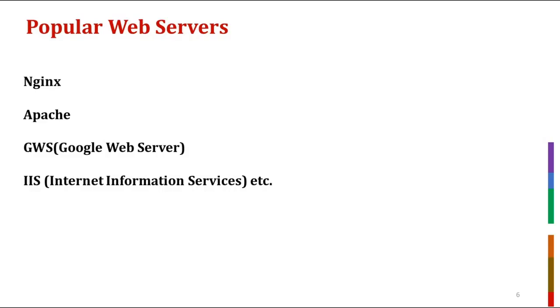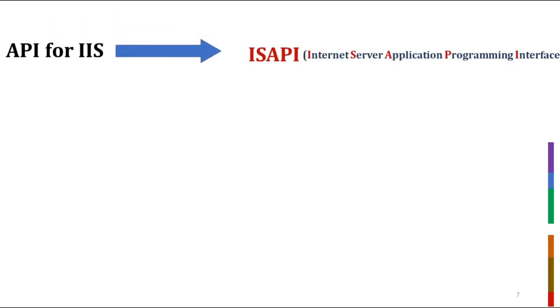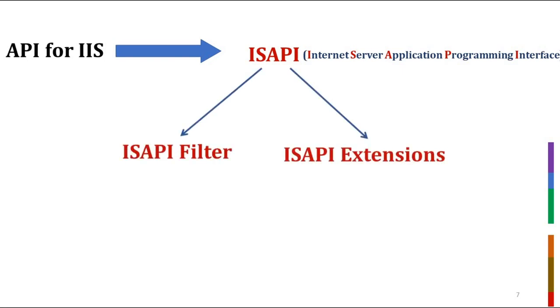Now, before proceeding further towards the installation of the IIS web server, let's explore some more about IIS. Microsoft provided an API for IIS called ISAPI, Internet Server Application Programming Interface. Two applications of this API are ISAPI Filter and ISAPI Extensions.